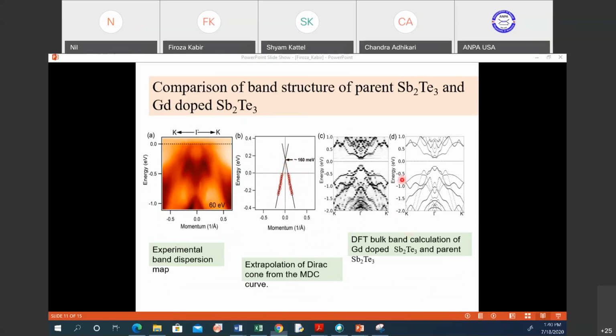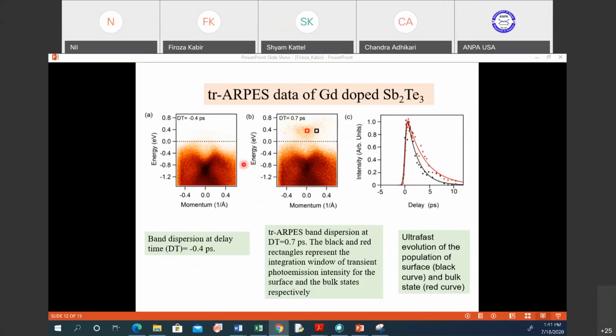This is a comparison of the primitive antimony telluride and the Gd-doped antimony telluride. You can easily see the gap is narrower in Gd-doped antimony telluride compared to the parent one. We also confirmed the Dirac cone from the time-resolved ARPES data.